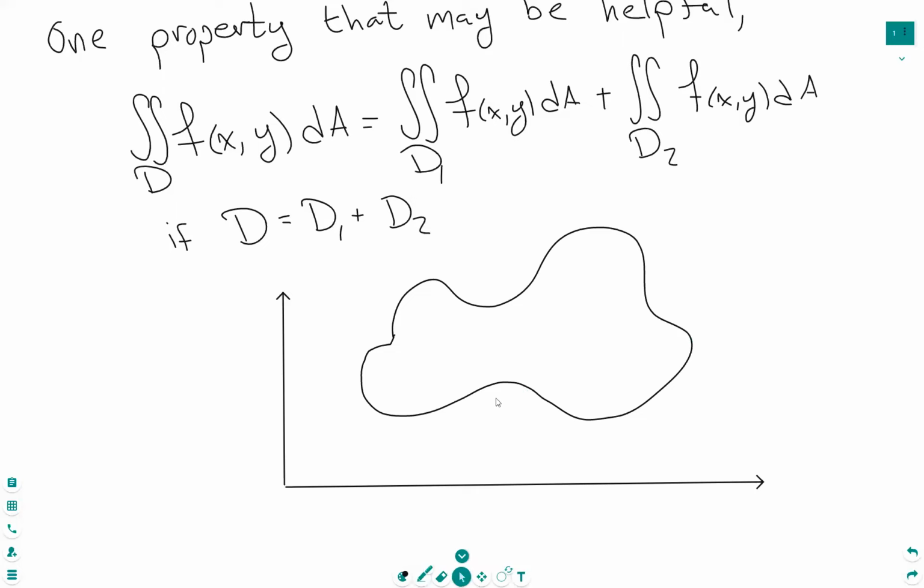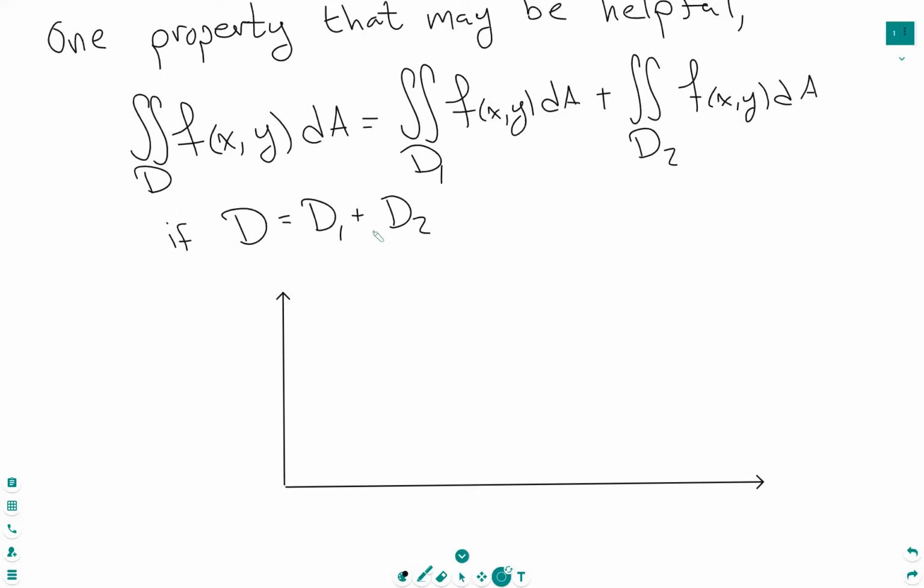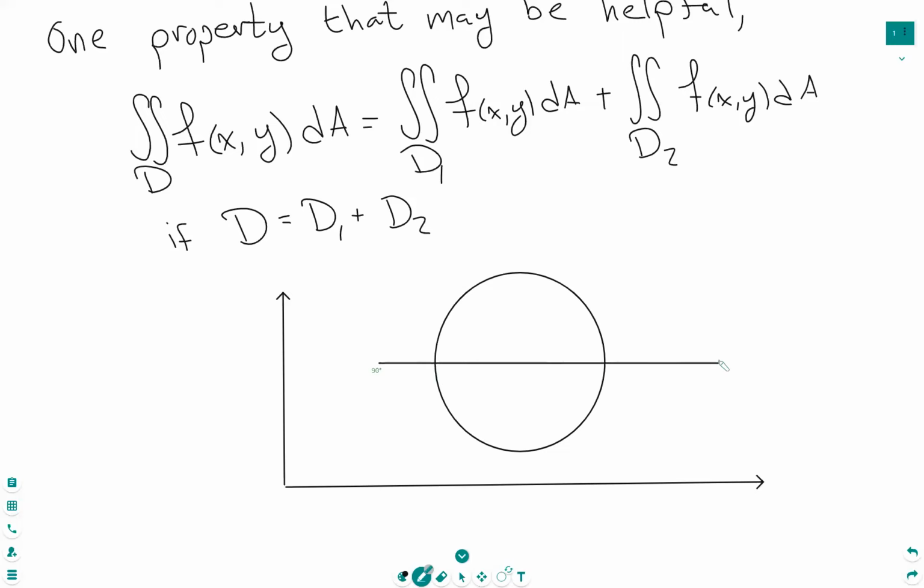I would have to do more than just 2 breakups. Let's just do a circle. A circle can be a type 1 or a type 2, but to get the point across, what you could do is cut it and then consider one region a type 1 and the other region a type 2.